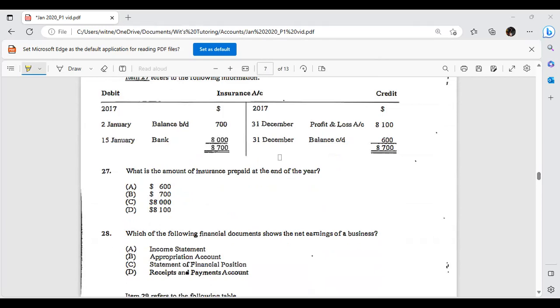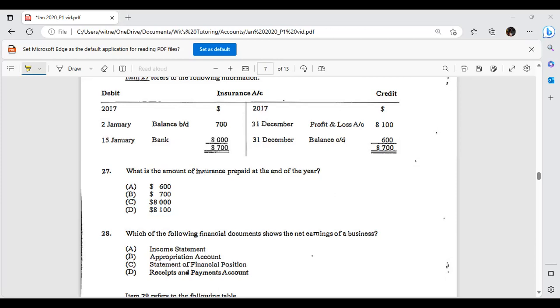Item 27 refers to the following information. This is an insurance account. Insurance is an expense. This is an expense account. What is the amount of insurance prepaid at the end of the year? So based on this, it's an expense account, right? So for your expense account, let's look at your balance carried on here.